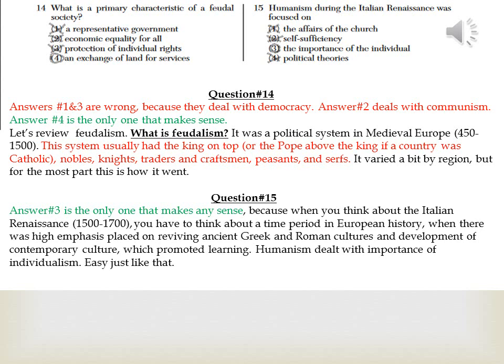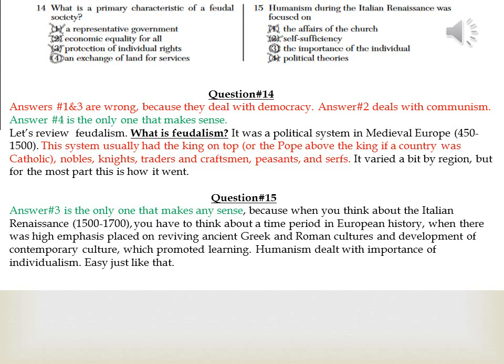If they were serfs, they were technically slaves, but they could not be traded as individuals. They could only be traded with land. When you think about feudalism in medieval Europe, this system usually had a king on top, or a pope if it's a Catholic country, but usually it's a king.